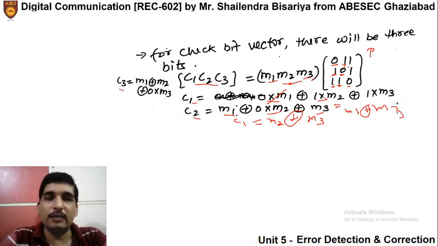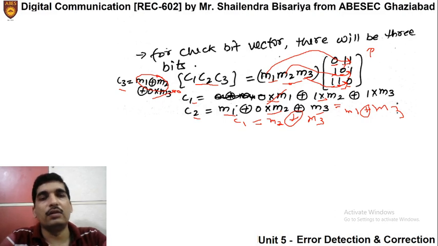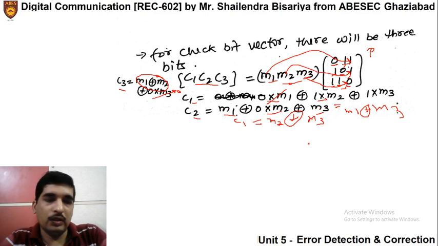Similarly, you can easily find the value of C3: M1 into 1, M2 into 1, and M3 into 0. So it is simply M1 XOR M2, since M3 is 0. By XORing these values you can quickly write all the values. So this is all for now.